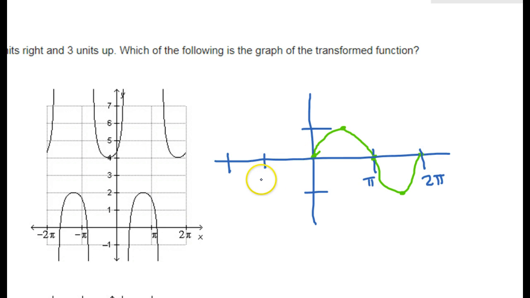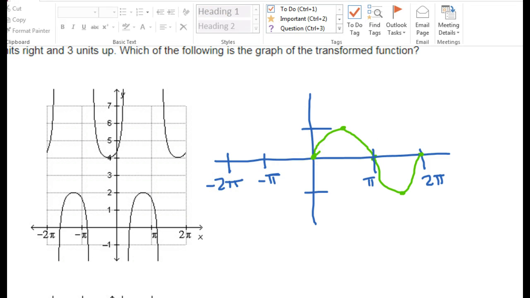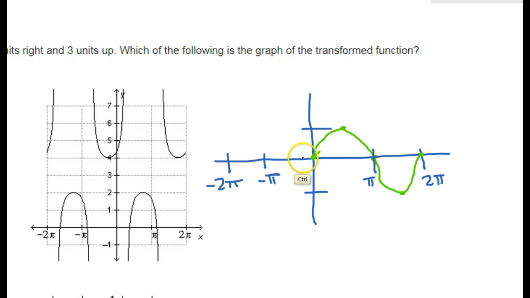I'm also going to do the other side. So this is negative pi, and this is negative 2 pi. Here is another period of the sine function. If I were to continue this going to the left, it would look like this.